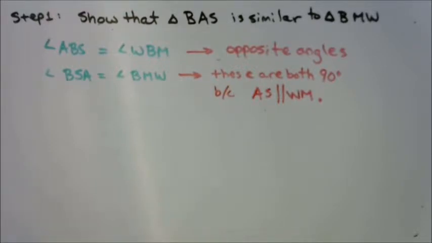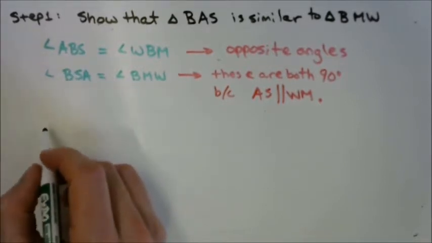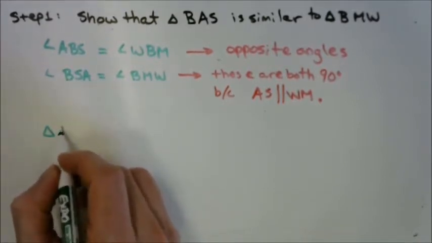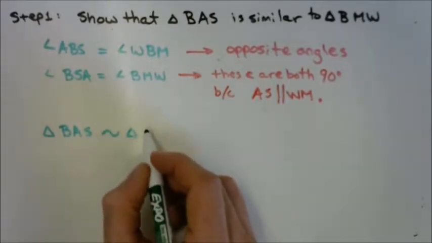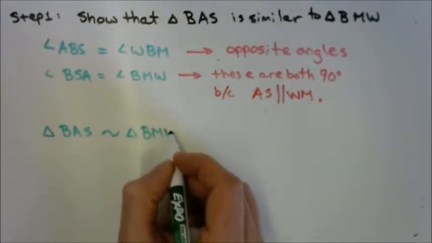In every triangle, if you already have two of the angles, the third one is just 180 minus those two. So if two of them are equal, then the third one must be equal. There's no other option. So we don't actually have to write it. We can go straight from here to say that triangle BAS is similar to triangle BMW.